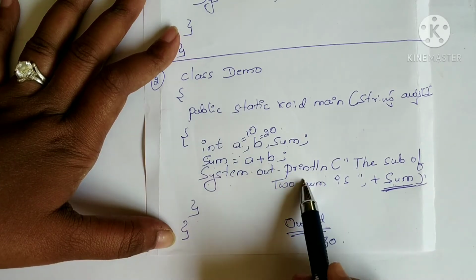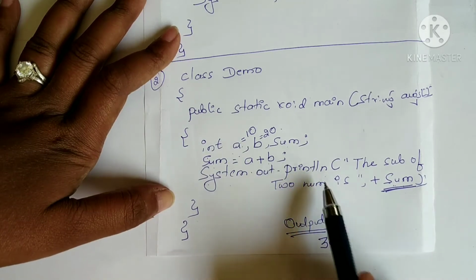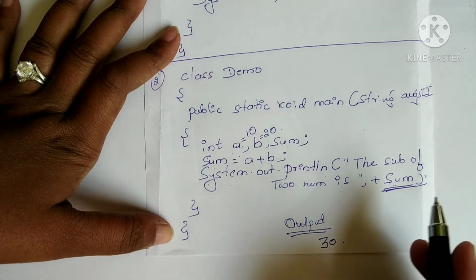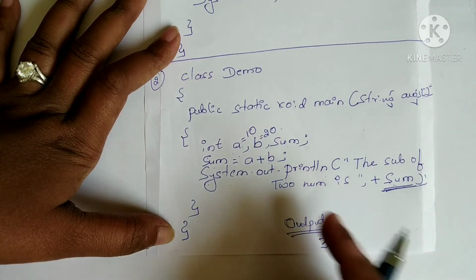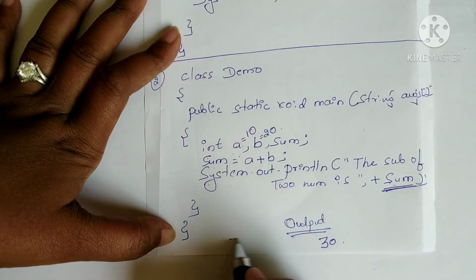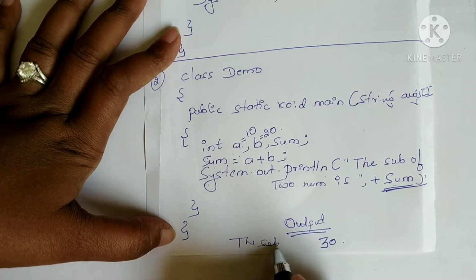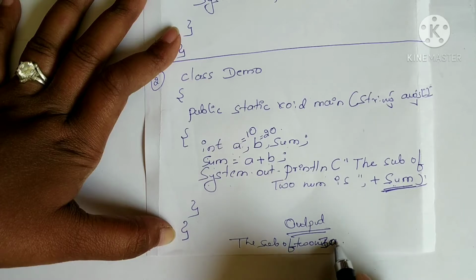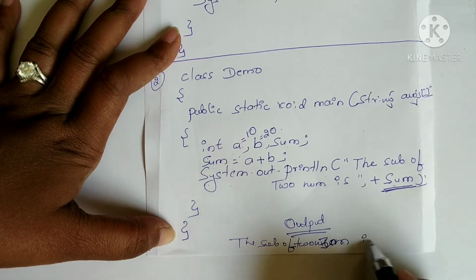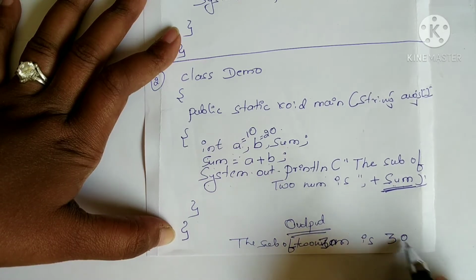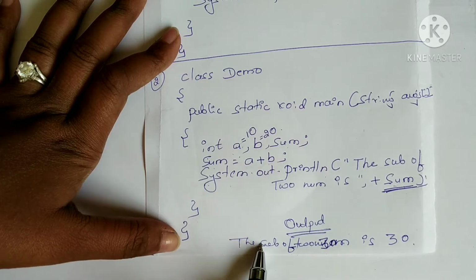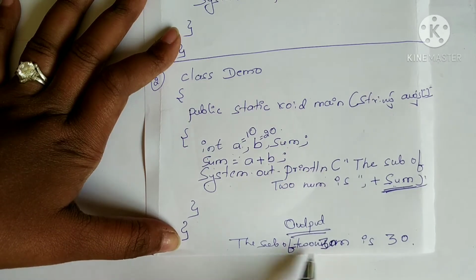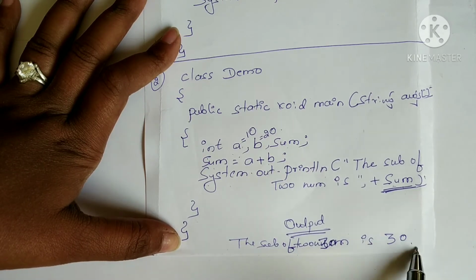System.out.println is used to print the statement in the console. In that it is going to print the sum of two numbers is 30. Here the output is: the sum of two numbers is 30.